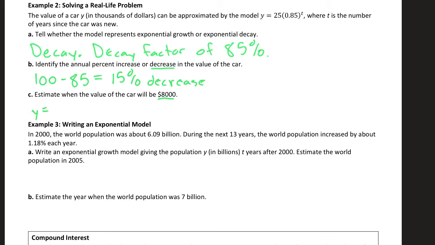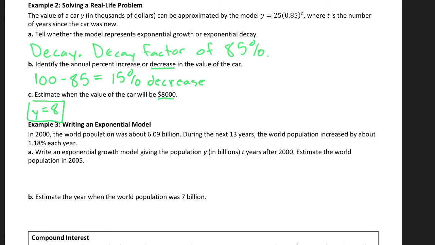But really, I should have been more specific. I want to find when the y value is 8, because a y value of 8 corresponds to $8,000, since the value is in thousands of dollars. The 25 really means $25,000. So in Desmos, you would click on the graph and look for a y value of 8.